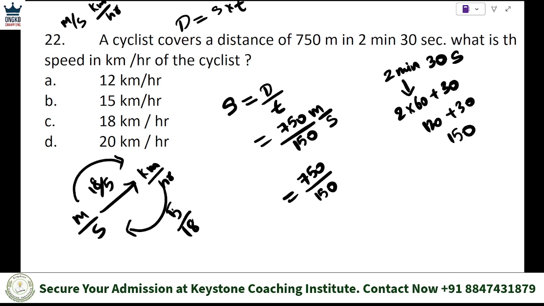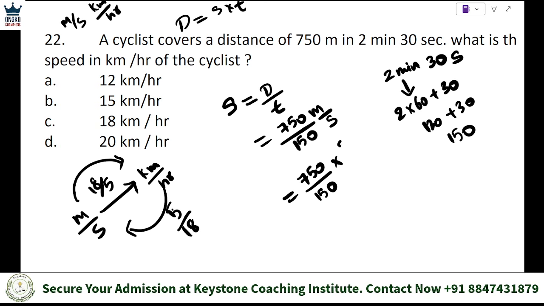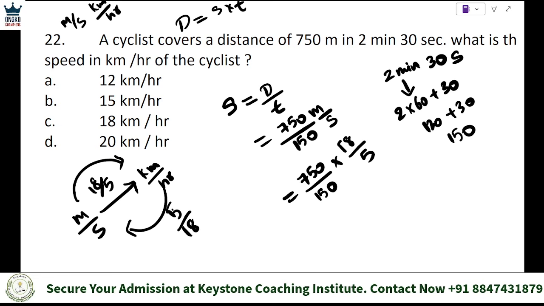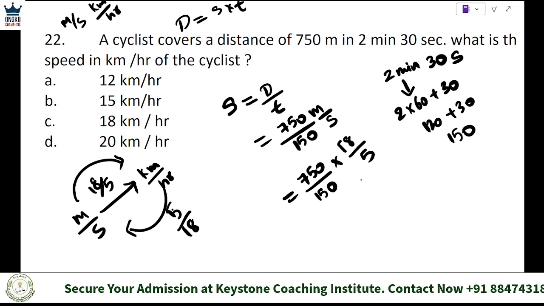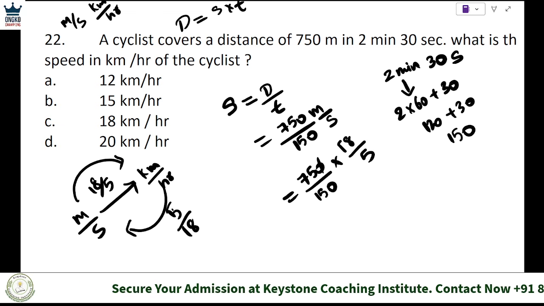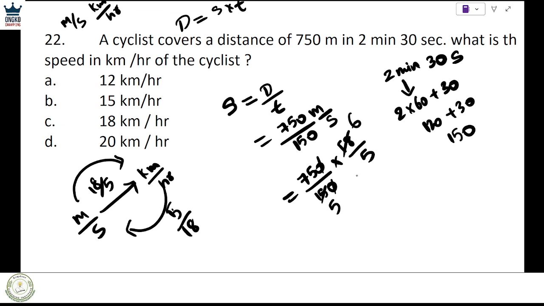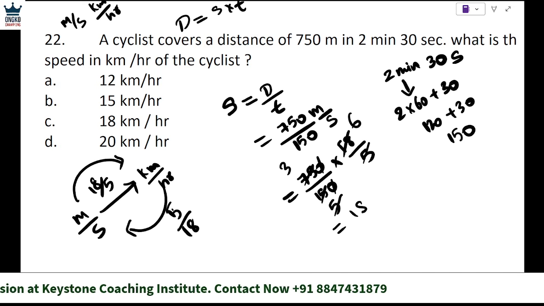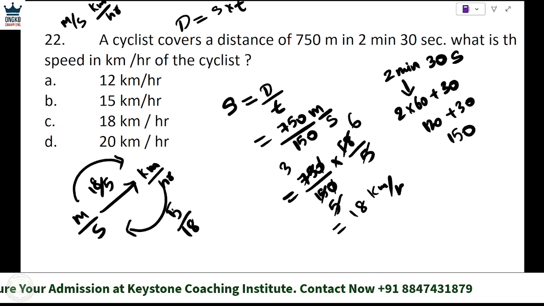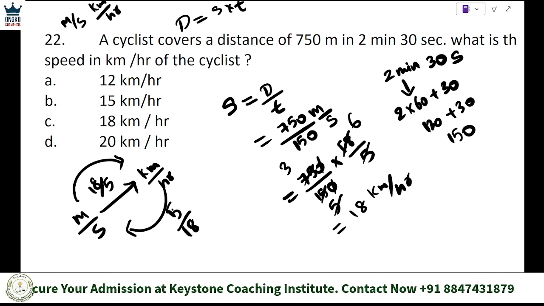Here it's into 18 by 5, because from smaller to bigger unit. The zeros cancel, 5 times 3, 5 times 6. 5 fives are 25, 25 divided by 5 gives 5, 3 times 6 is 18. So 18 kilometer per hour, that's the answer, so C is the answer.